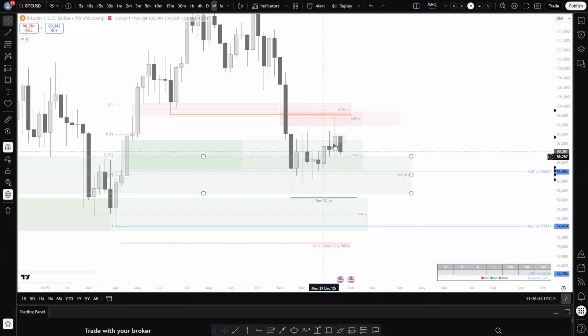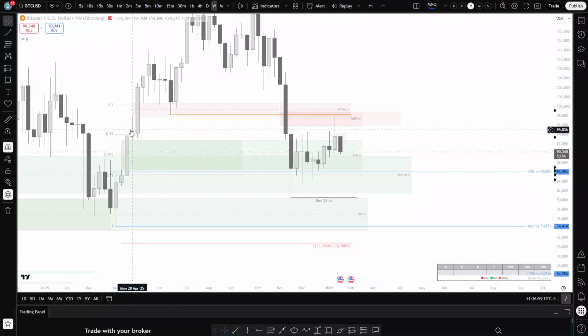That's not what happened. So last week we wicked up and we kind of just grabbed some liquidity there. We came almost up to the low of this week's low, right? Just shy of that, which is totally fine. But let's see, I'm curious, actually, I noticed this.